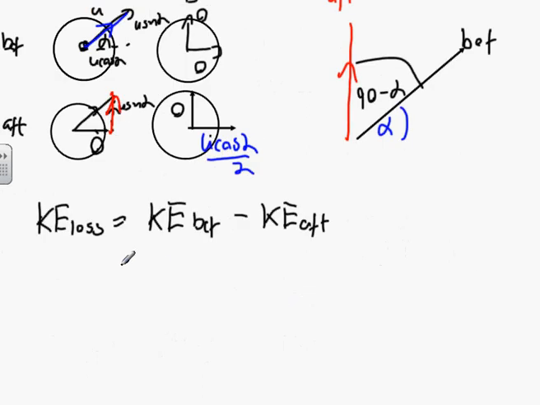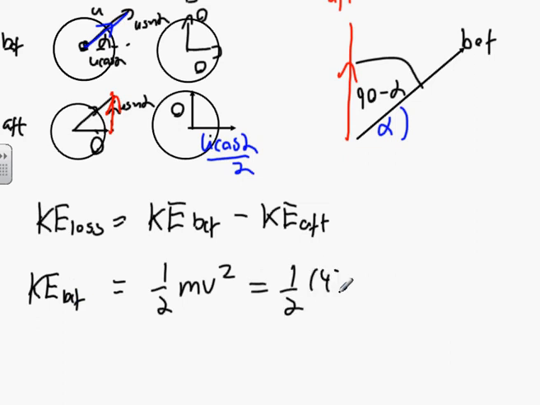What is the kinetic energy beforehand? A half mv squared, so KE before, which is a half times 4 times u squared, which equals 2u squared.